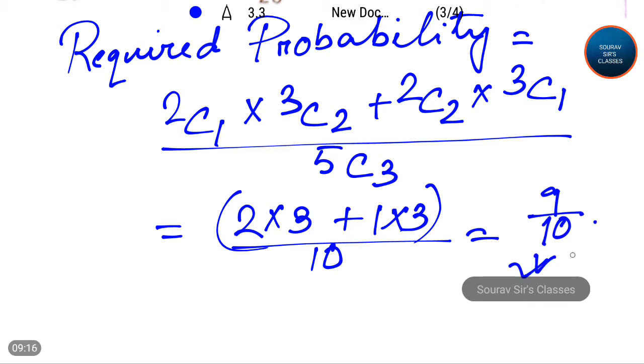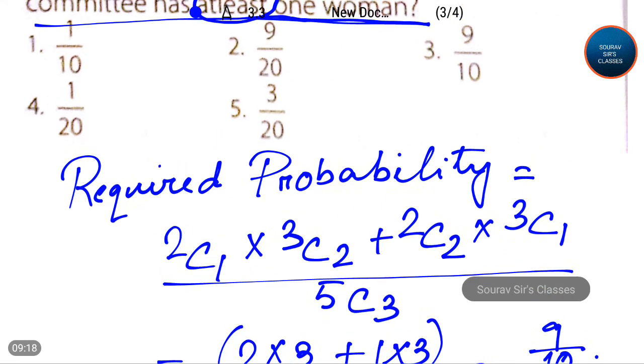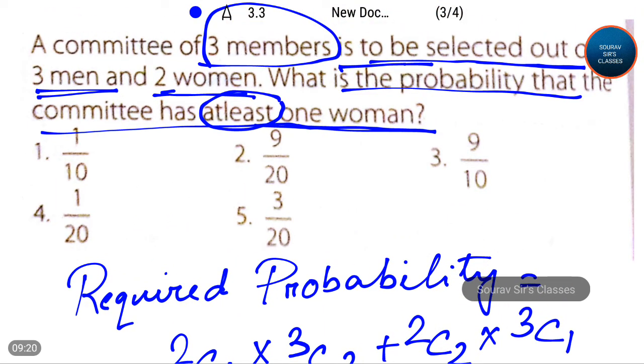So the required probability is 9 by 10 that among 3 men and 2 women, the committee has at least 1 woman. So option 3, that is 9 by 10, is the correct answer.